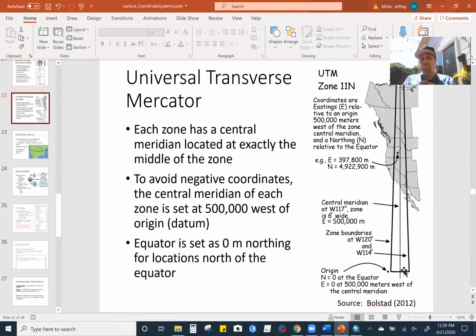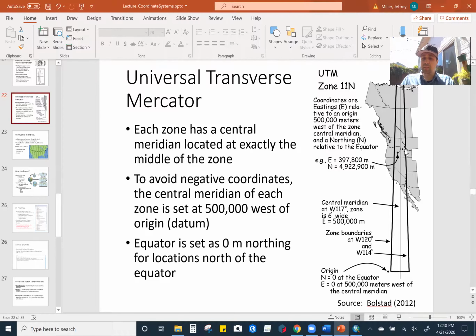The origin for the northing is going to be at the equator, and then the origin for the easting, which is a little bit more complicated, and which defines the east and the west, is set 500,000 meters west of the central meridian. I probably confused you an immense amount now, but let's try to understand this a little better.